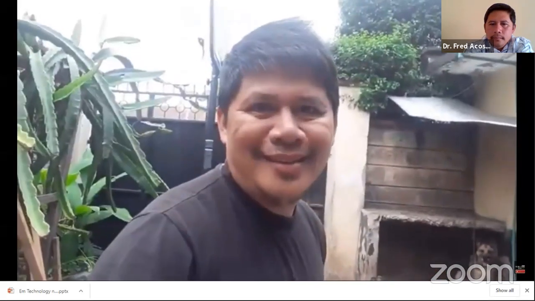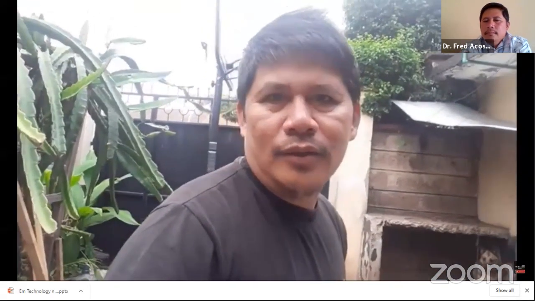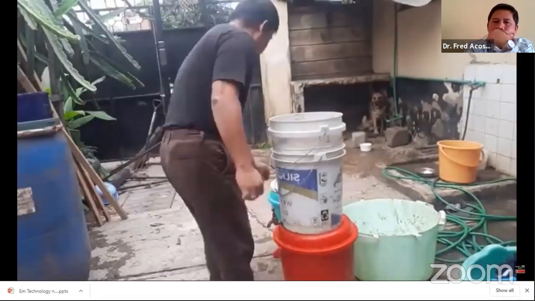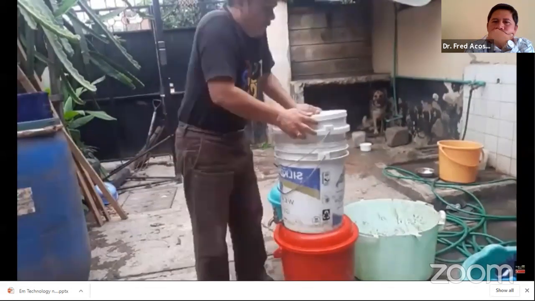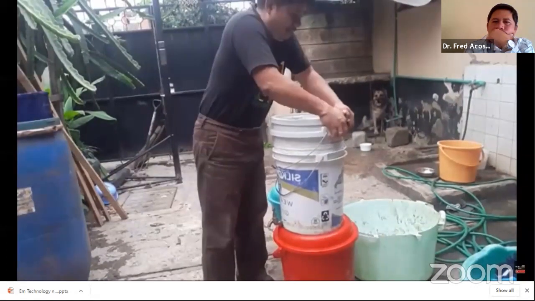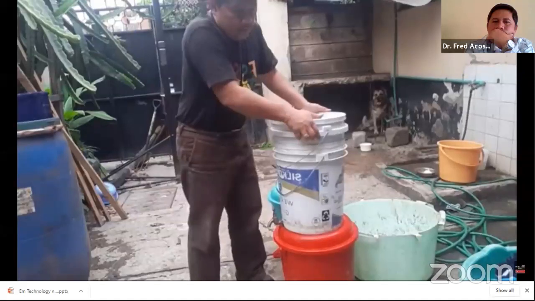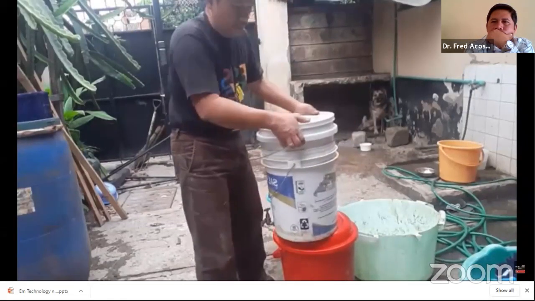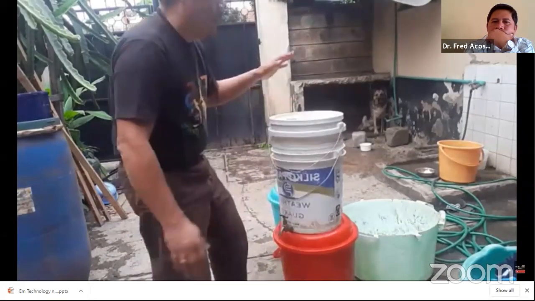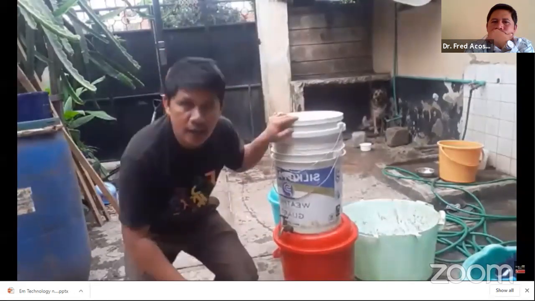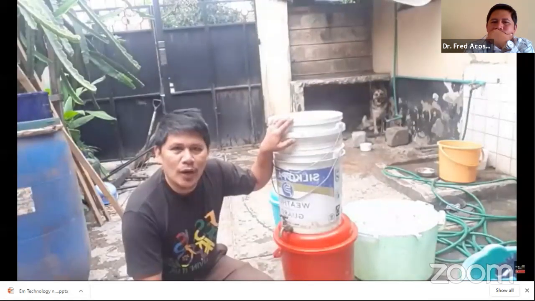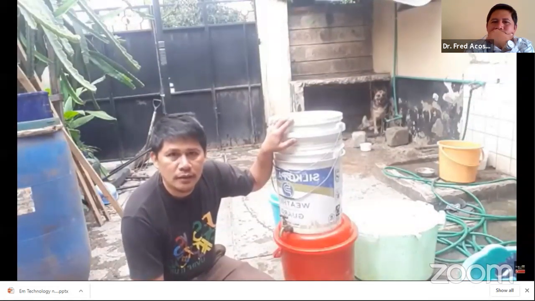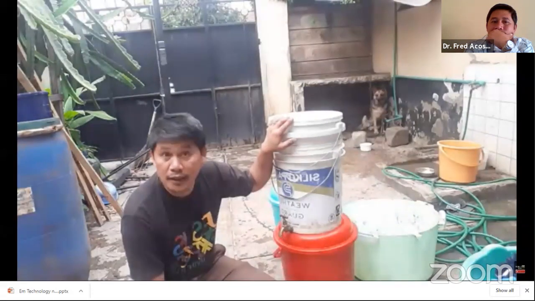For every 1 kilo of kitchen waste, you need only 100 grams of bokashi. So that's it. I hope you're going to do this. It's a very good fertilizer as well.